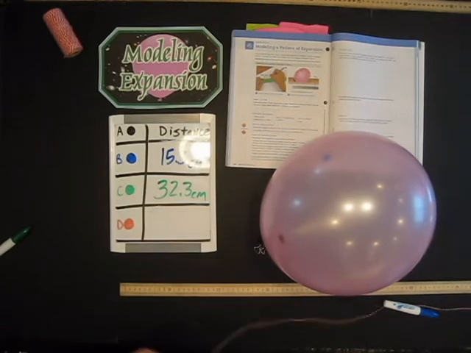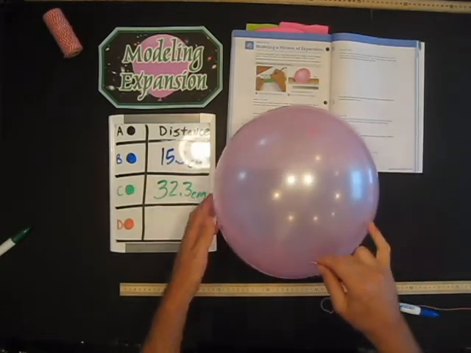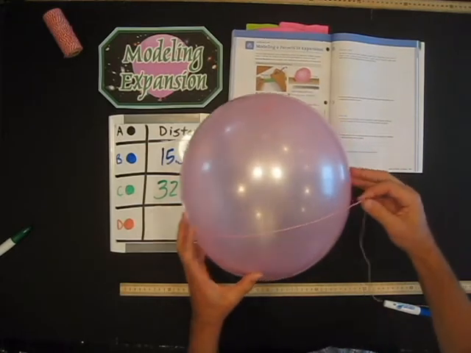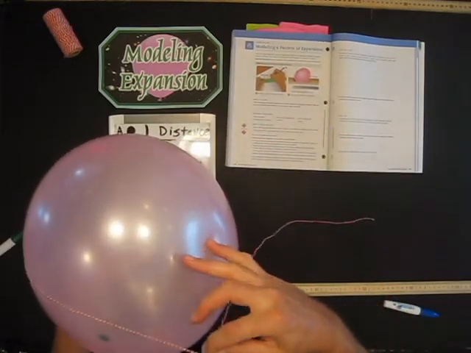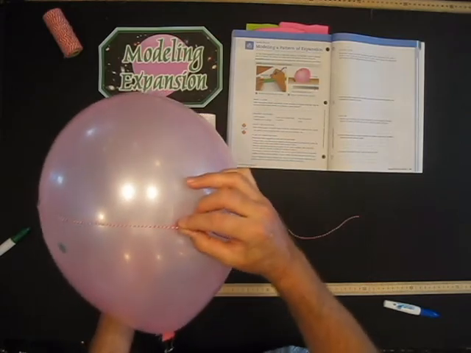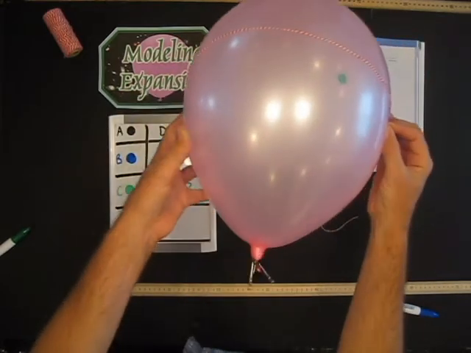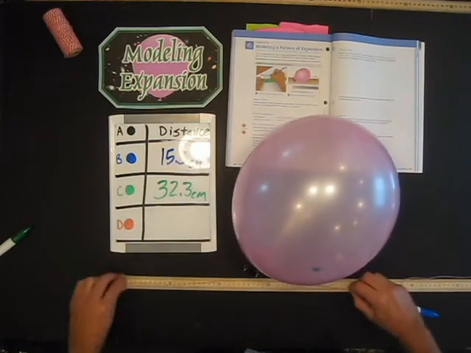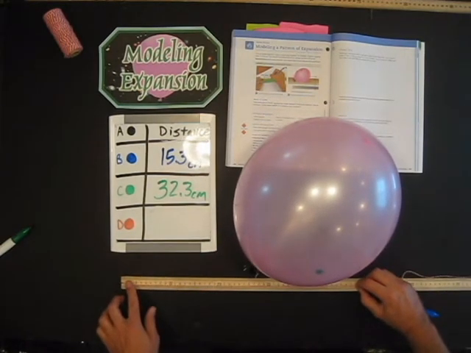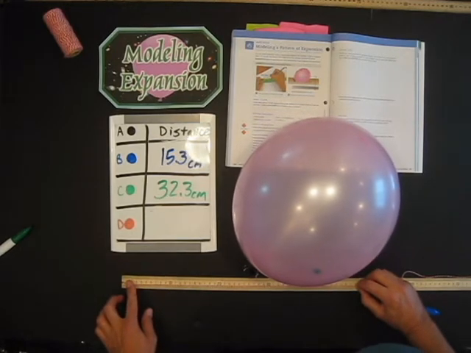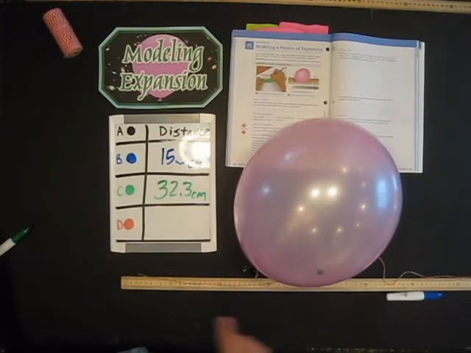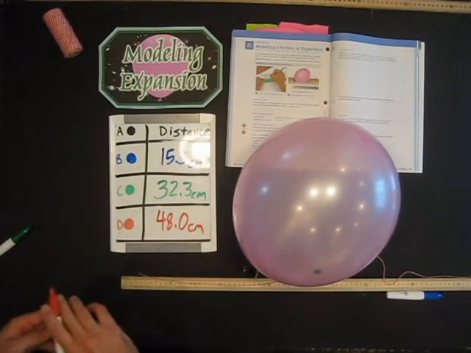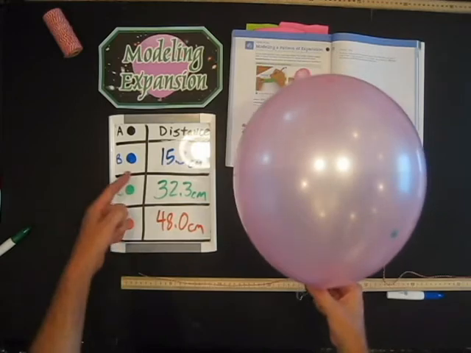And then from the black to the red, which is now really, really far away, all the way from there to there, it's almost on the opposite side. We get, now we are at 48.0 centimeters. Okay, so you should write all these down.